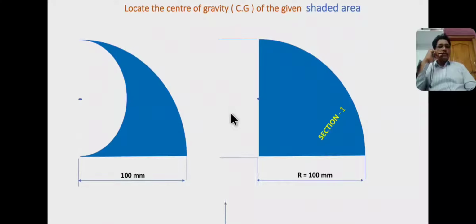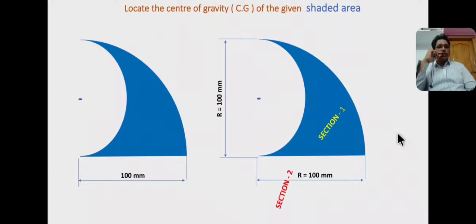So here base and height equal 100 mm because it is a quarter circle. Now I consider a semicircle as section 2, having dimensions radius small r equal to 50 mm and diameter of semicircle equal to 100 mm.